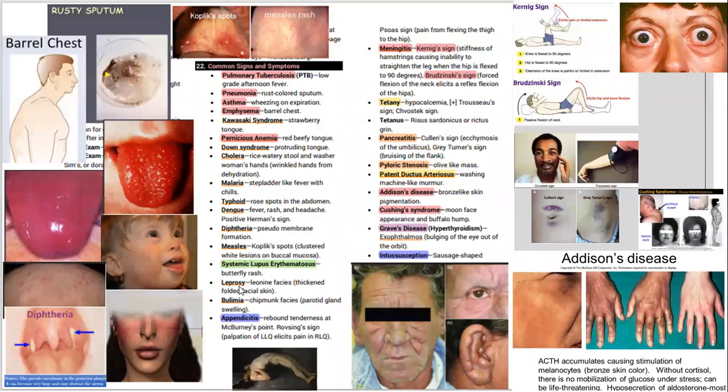Leprosy. The characteristic sign is leonine facies, meaning thickening folds of facial skin. You can see the face, eyebrow, and ear. Because of leprosy, the skin is thickened. Leprosy is an infectious disease that damages the skin and nervous system. The condition can be cured with early diagnosis of the disease.